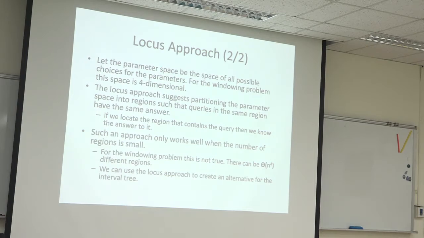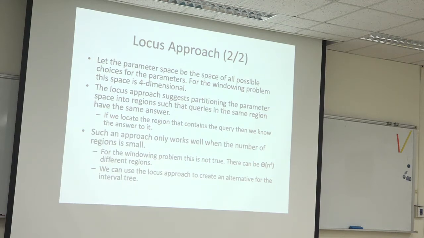If you try to partition your space into all possible regions, there can be n to the power of 4 different regions. That is a lot of choices, so it's difficult to use a data structure to efficiently deal with that.